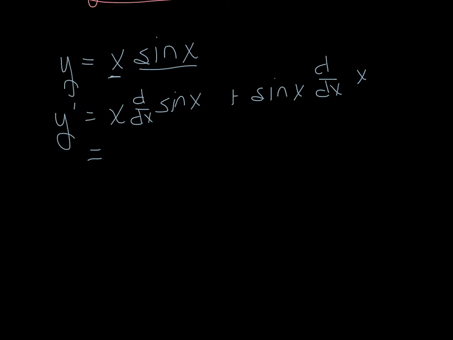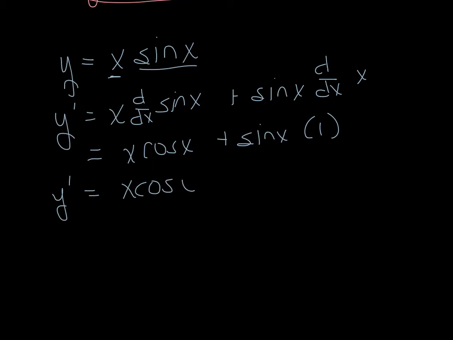So we get x times the cosine of x plus sine x times 1. So our derivative is simply x cosine x plus sine x. In this particular problem, there's no way that you could work it other than using the product rule.